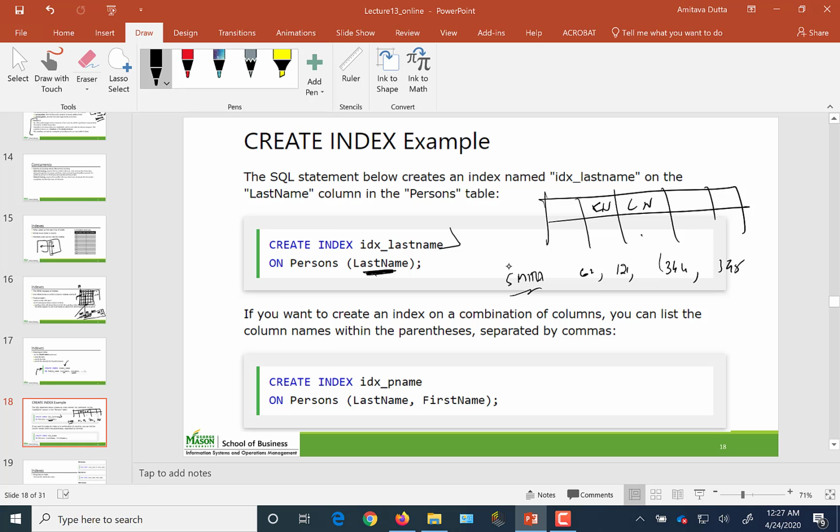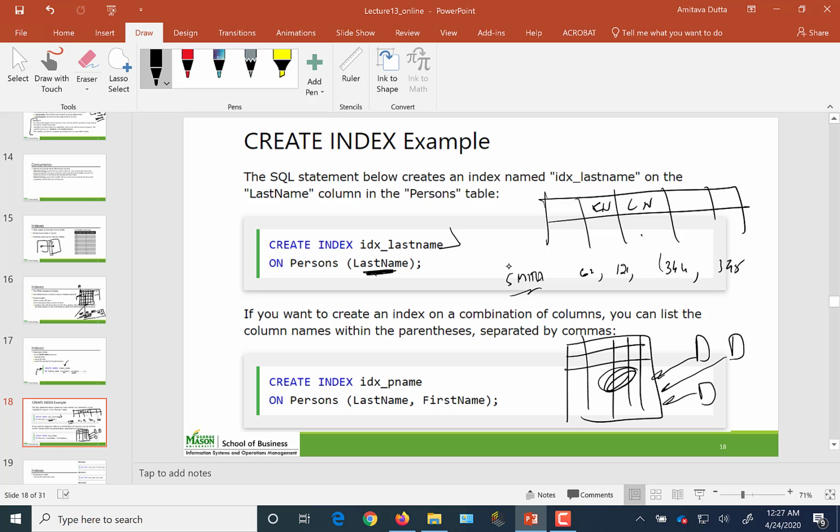The nice thing about an index is that it speeds up searching for content in the database, but the price you pay for having an index is that whenever you make an update to the database, the indexes have to be updated also. Here's your main table, the relation, and then you have all these indexes that are pointing to different records in the table. If any of the content in this table changes, you have to go back and change the indexes as well.